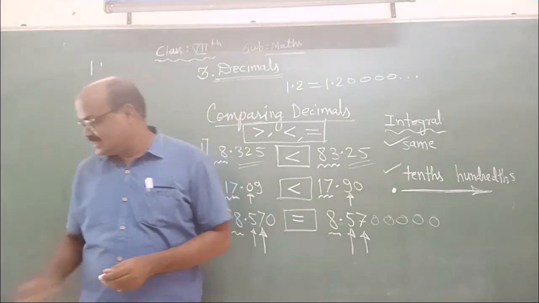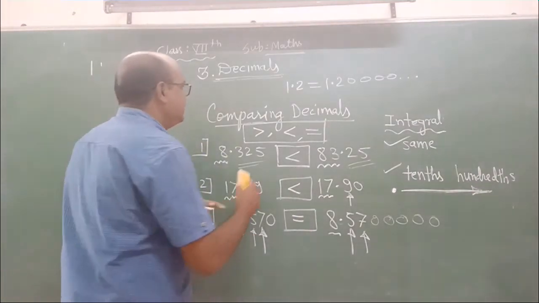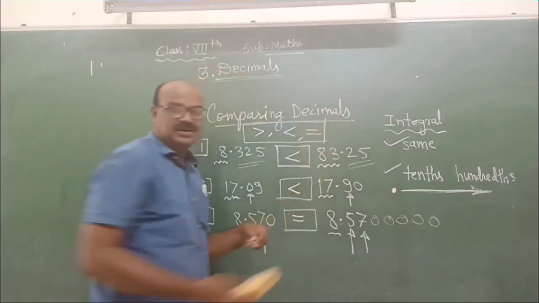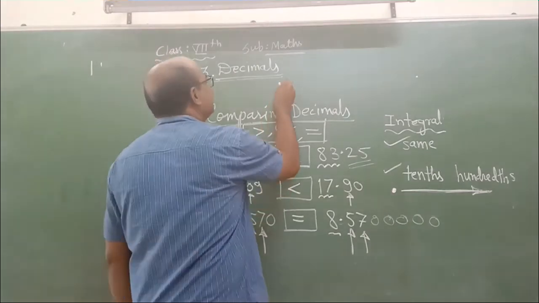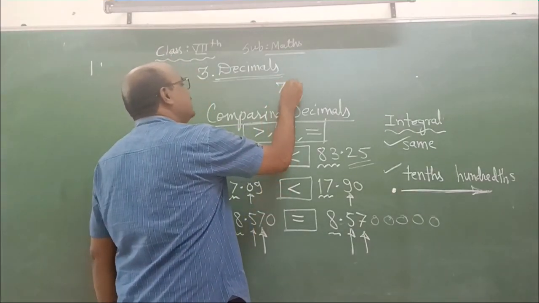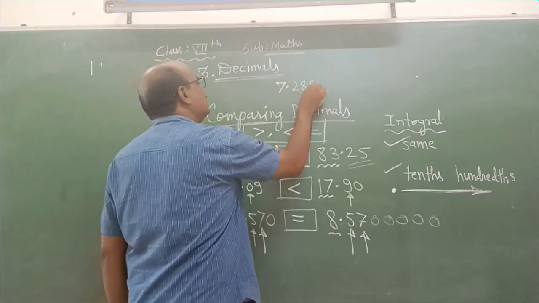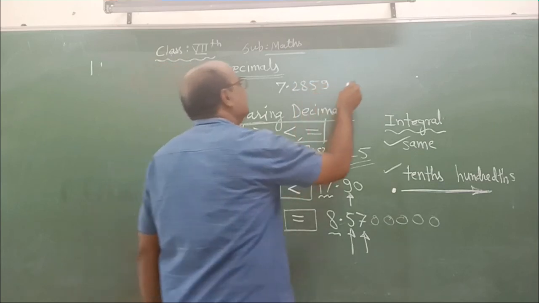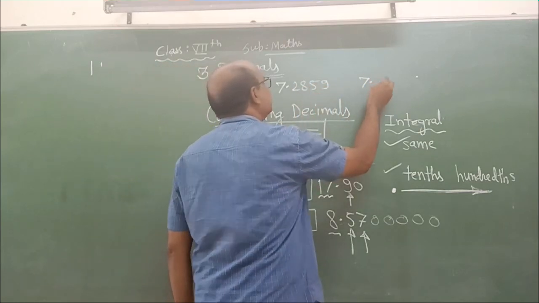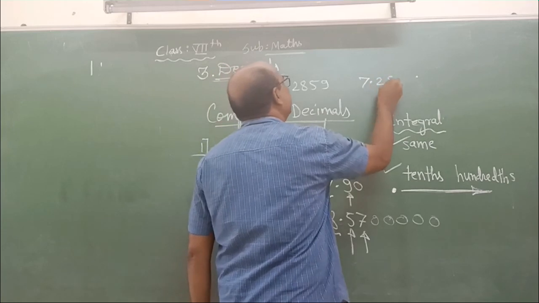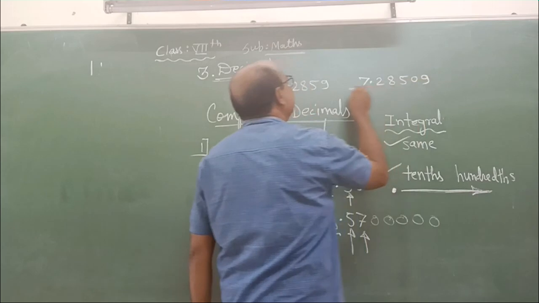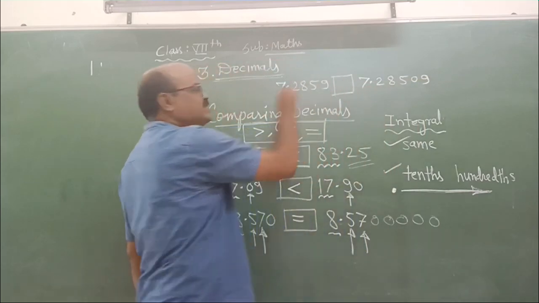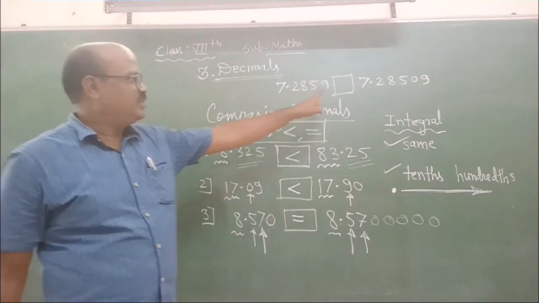So students, one example I want to take here also. Let us see 7.2859 and the second is 7.28509. Let us try to compare this also. So first of all, what will we see?